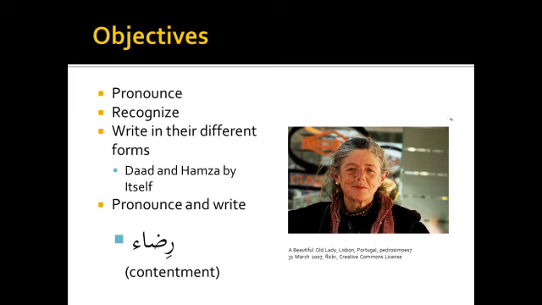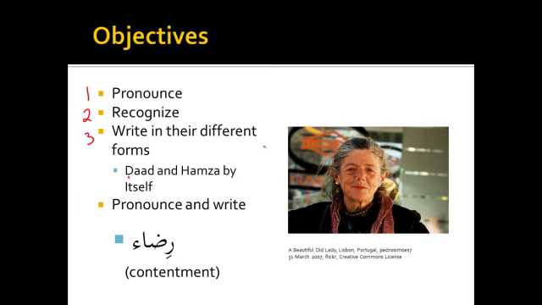So we have 4 objectives in this lesson. The first objective is to pronounce the Daad and the Hamza correctly. The second is to recognize these 2 letters when we see them. The third is to write them in their different forms.